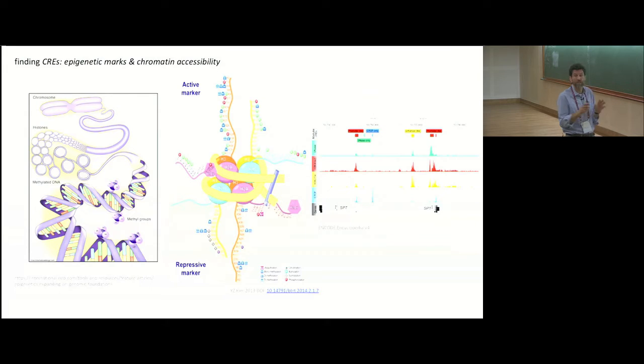This is the presence of a particular transcription factor, which has a very important structural role, et cetera. So you will see that there are places where these things coincide. For example, in this particular case, it's the promoter of the gene. There are some other places where these marks coincide and they are not at the promoter, so this region of the chromatin is likely to be acting as an enhancer.